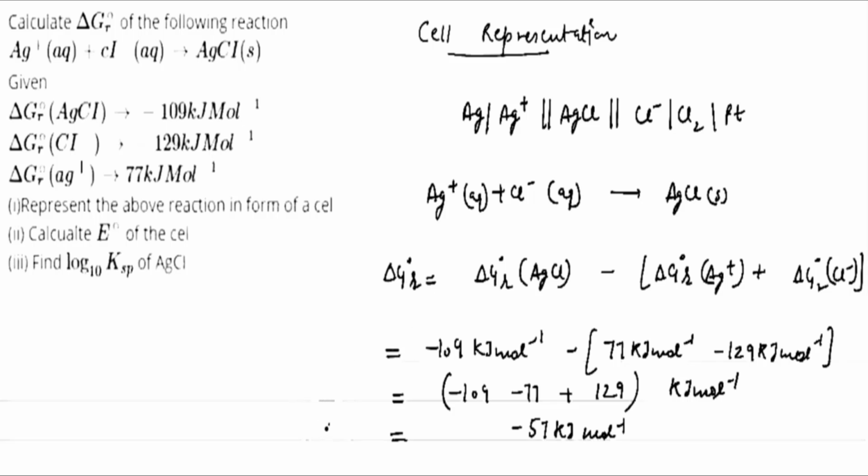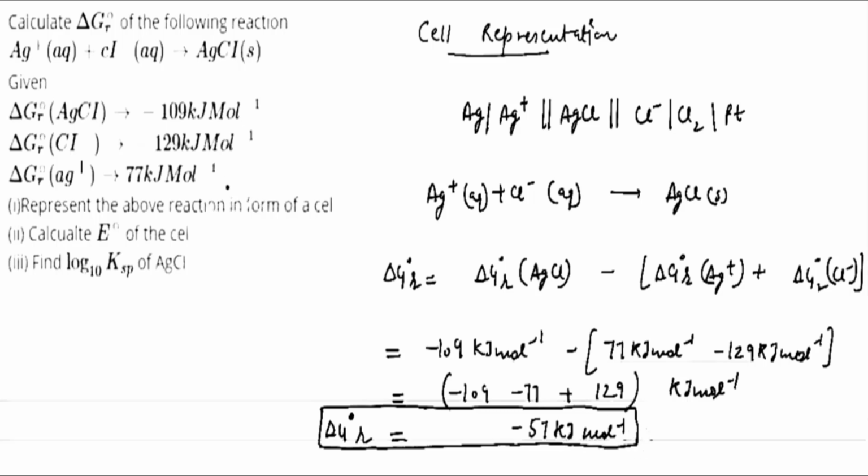So this is the delta G naught of the reaction when Ag+ and Cl- ions form AgCl solid precipitate. So this is the delta G naught of the reaction we have calculated.